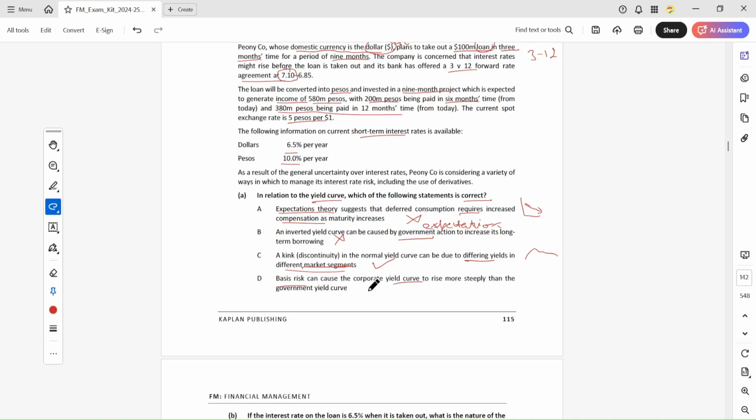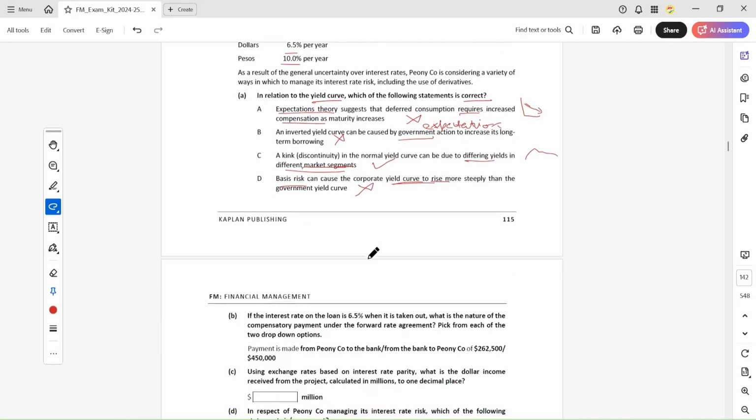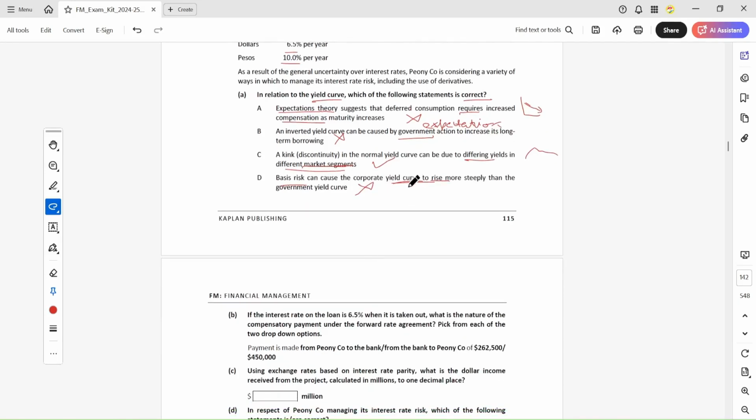No, this is not correct. Basis risk is not about this. It is the difference between the prices. Okay, this is incorrect. So the correct answer is C.